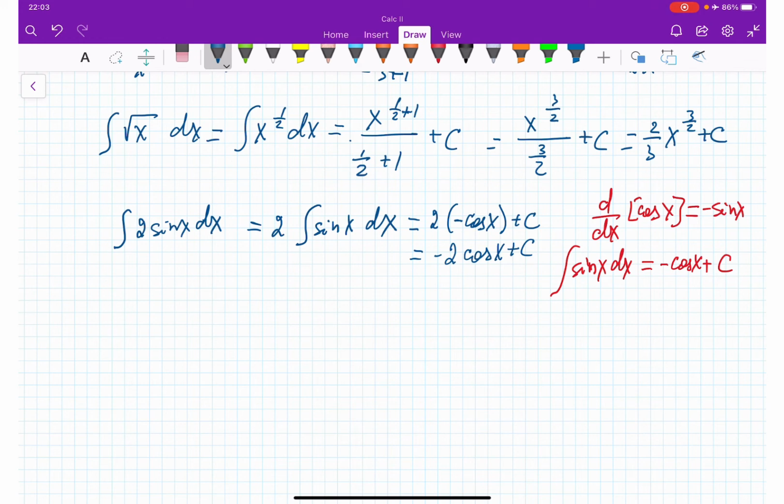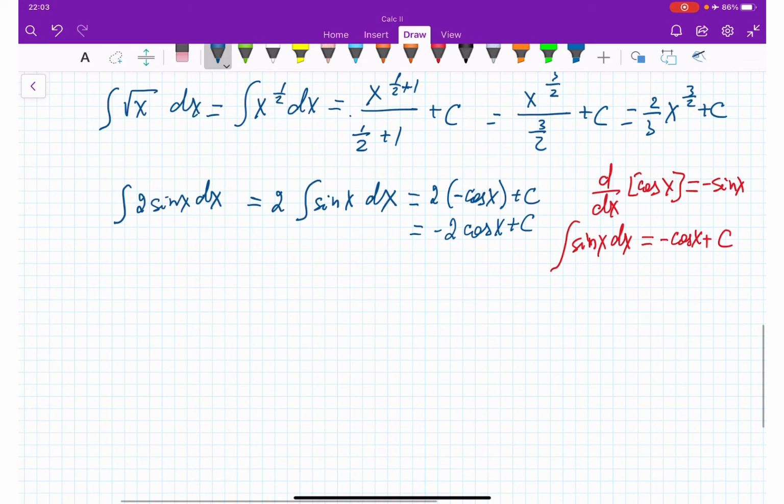Indefinite integrals. All right, let's now try to integrate polynomial functions. So we have 1 dx. That means we have x to the power 0 dx, right?